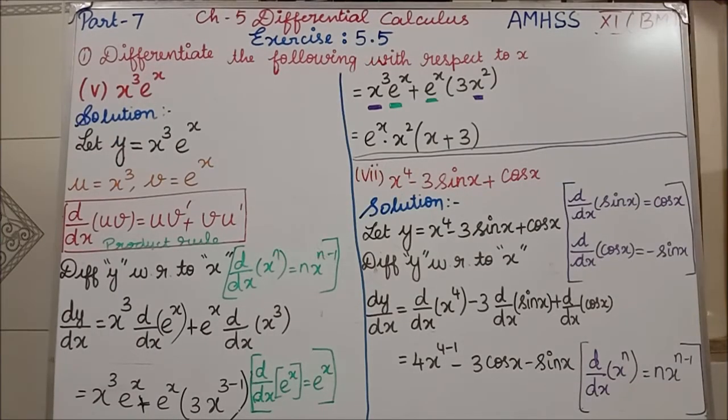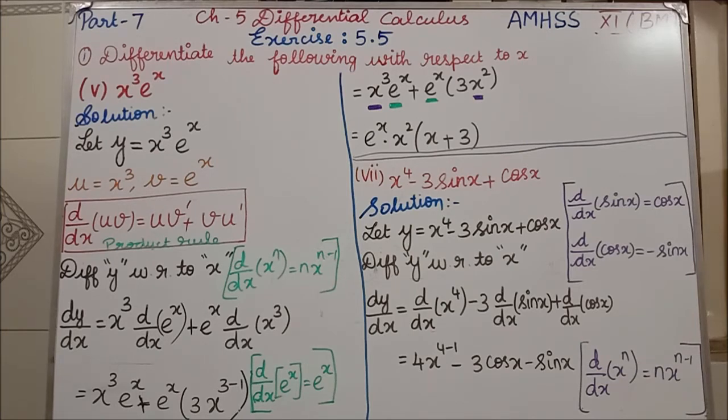Now we are going to see the fifth subdivision. See here, x cube e power x we are having. If both the terms are there, with both the variables in a product, we have to go for the product rule.